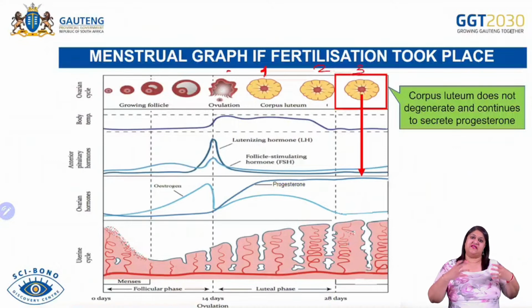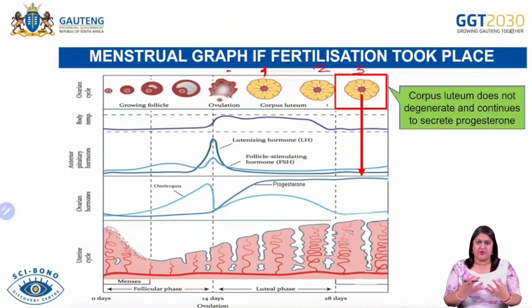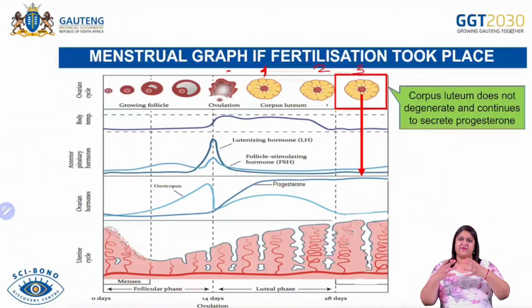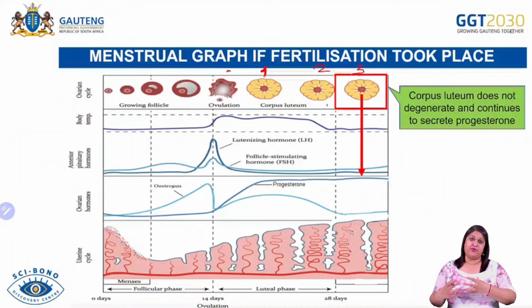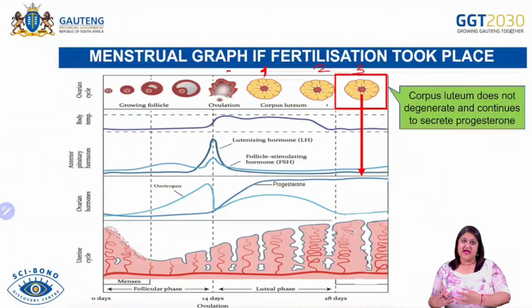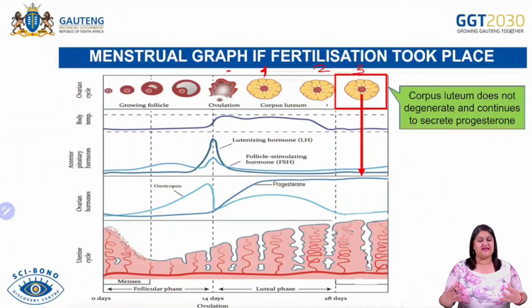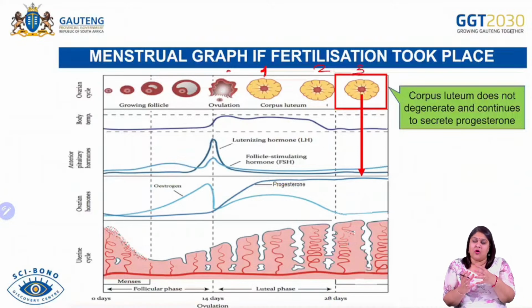Why? Because if fertilization occurs, what do we want to happen? We want that zygote to develop into a blastocyst, and then it must implant into the endometrium. The endometrium has to be thick, it needs to be glandular, it needs to be vascular in order to keep or hold and to receive that blastocyst.